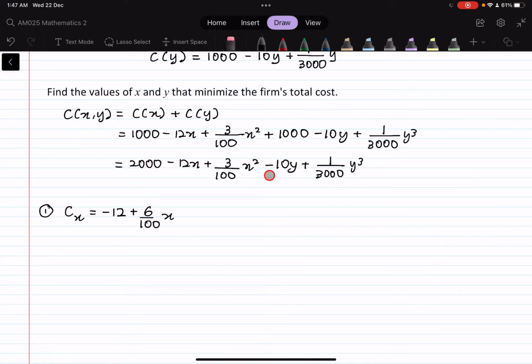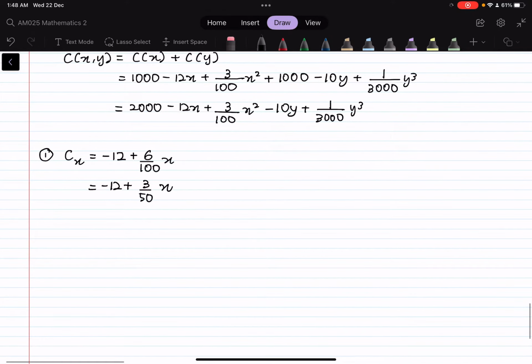Differentiating negative 10y plus 1 over 3000 y cubed gives 0. So let us simplify first. Negative 12 plus, dividing by 2, 3 over 50x. So that is c sub x.